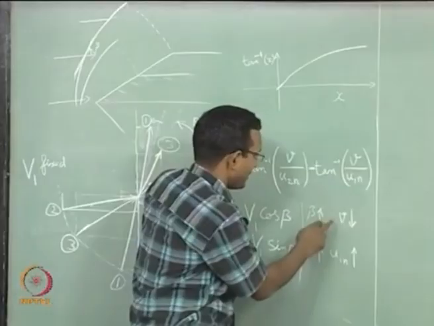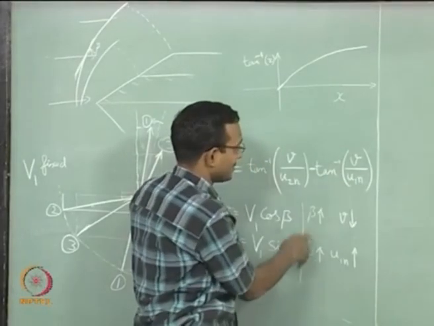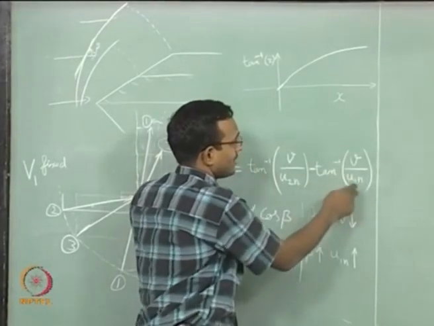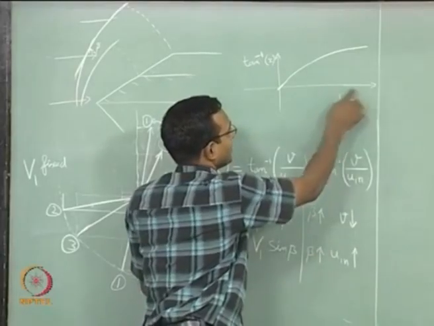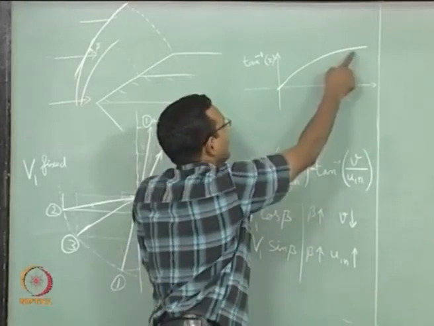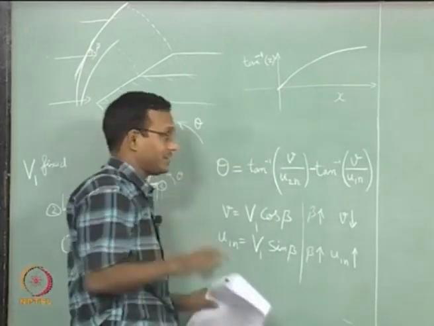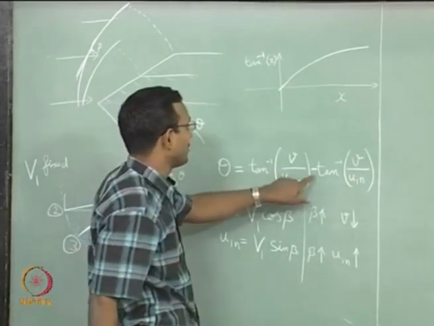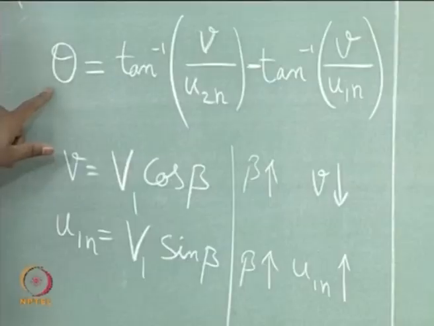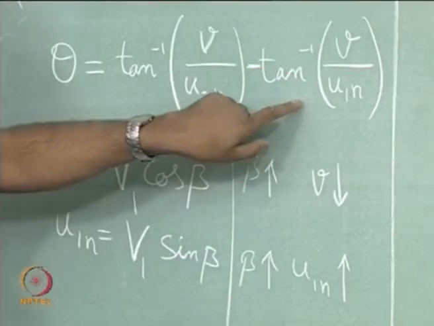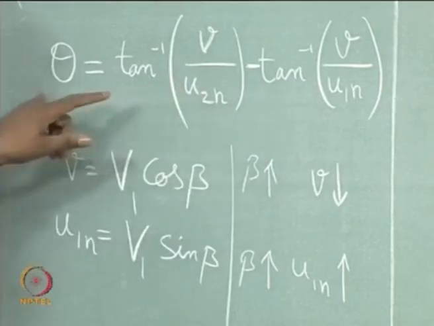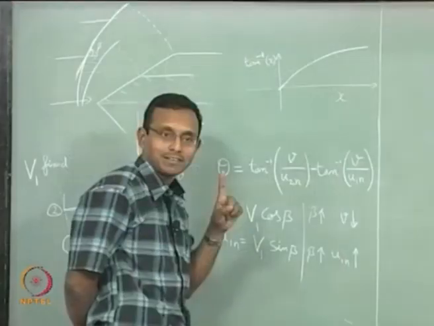What we are seeing is if beta increases, this quantity decreases, which means I am going this way on this line. What we will find is tan inverse of that quantity will decrease, which means I have a tendency for increase in theta based on this. If I increase beta, my theta will increase, that is one aspect.